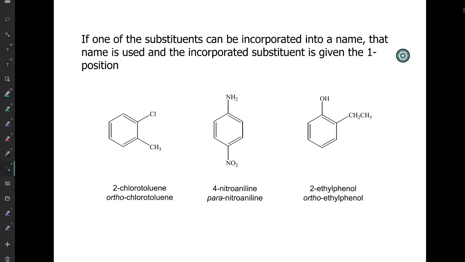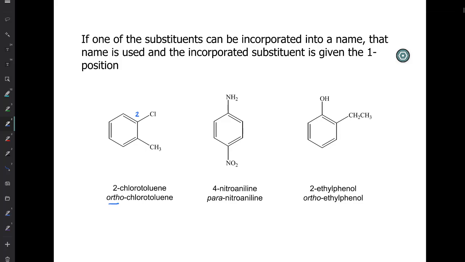So if one substituent can be incorporated into a name, that name is used and the incorporated substituent is given the 1 position. So for example, a methyl group, that's this guy here, can be incorporated into the name as toluene. And so this would be 2-chlorotoluene or o-chlorotoluene.